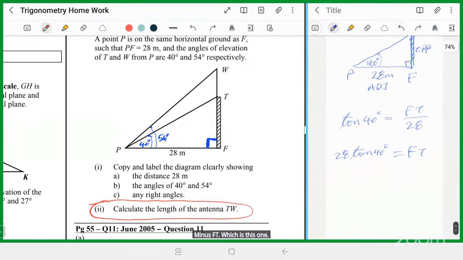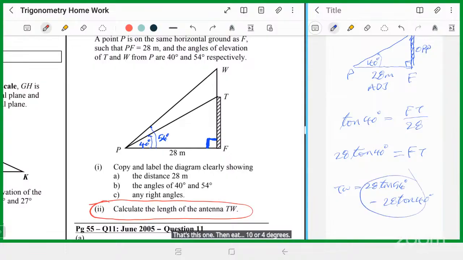So I can write it down here and say, okay, the TW height I want is equal to 28 tan 54 degrees minus, not 40 tan, 28 tan 40, that's this one, 28 tan of 40 degrees.